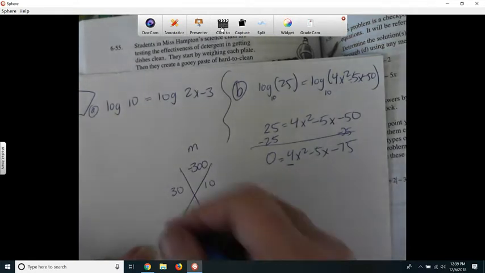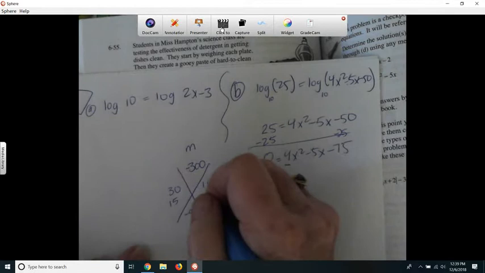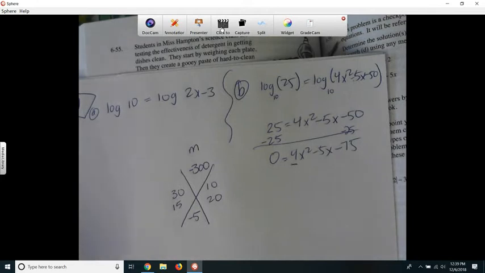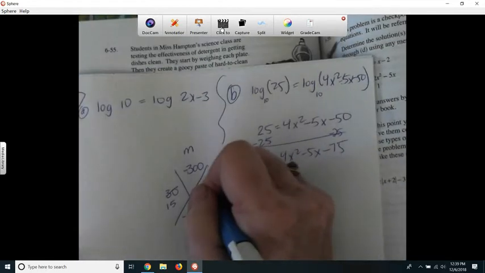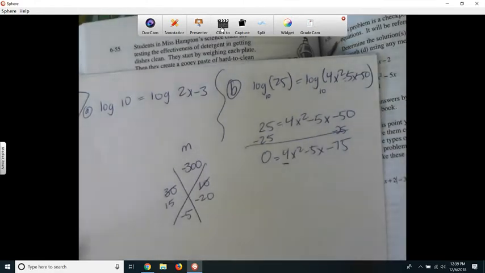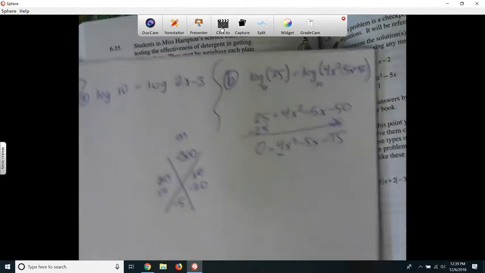Maybe 15 and 20. 15 and 20 maybe. Is 15 times 20 300? Yeah. Okay, so I just start trying stuff, and then if I make the 20 negative, see how it didn't take me very long to get it?